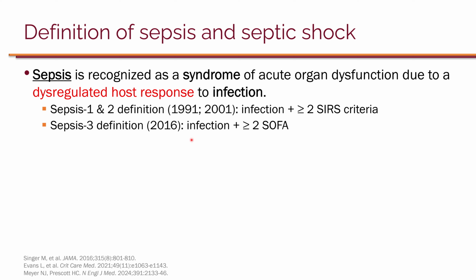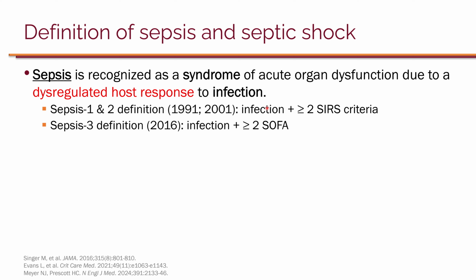Now, there have been several definitions of sepsis over the years. The very first definition of sepsis was developed in 1991, and the definition was essentially a suspected infection plus 2 or more SIRS criteria, and I will shortly explain what SIRS criteria are.